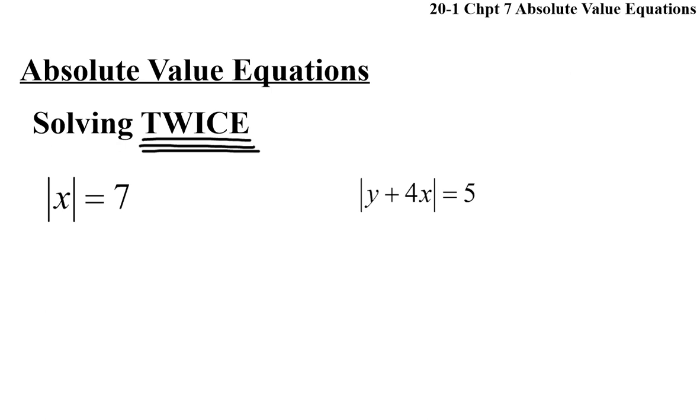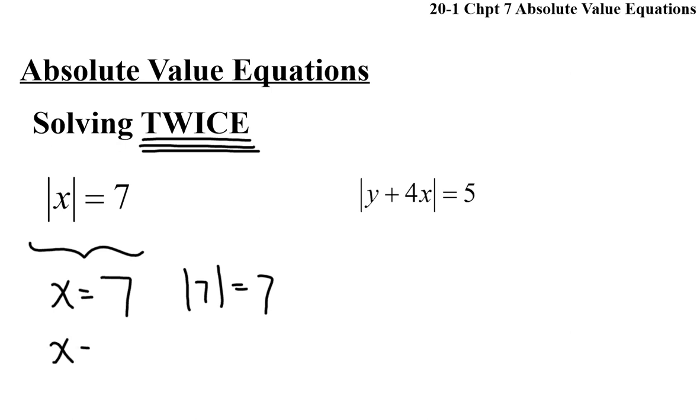Because if we look at a really simple, straight up absolute value equation, the absolute value of x equals 7. Well, what does x equal? Well, x could equal 7. Because if I substituted 7 in, what's the absolute value of 7? It's 7. However, we also realize, or hopefully understand, what else could x equal?